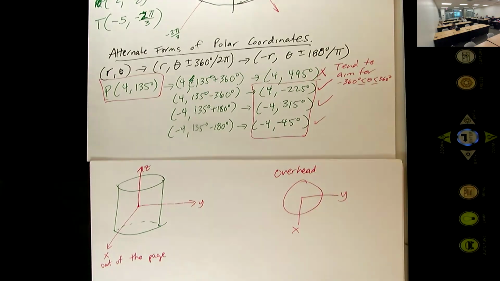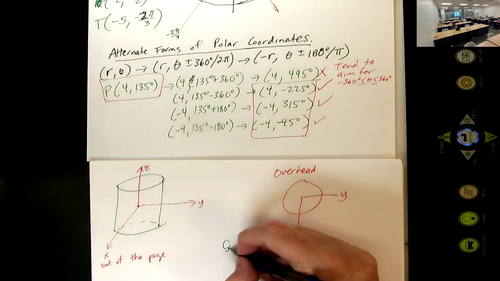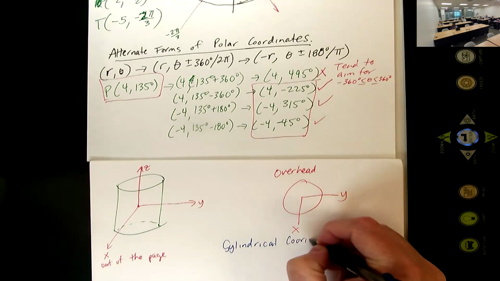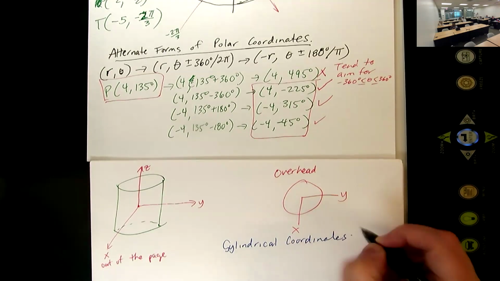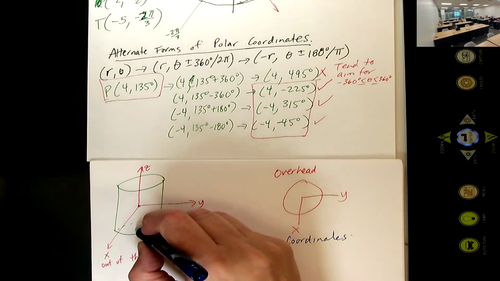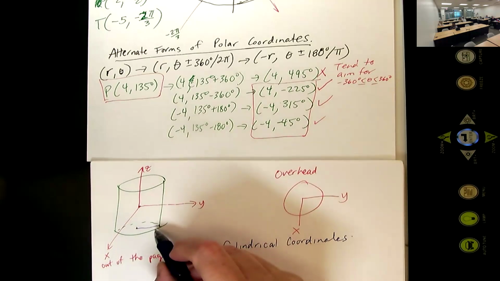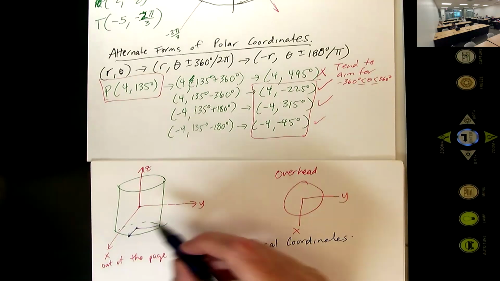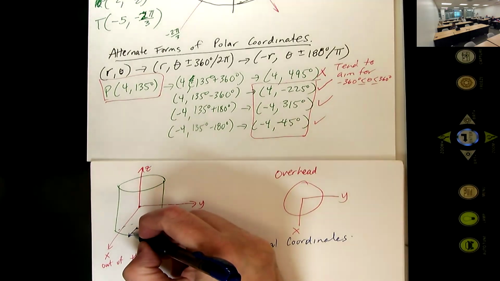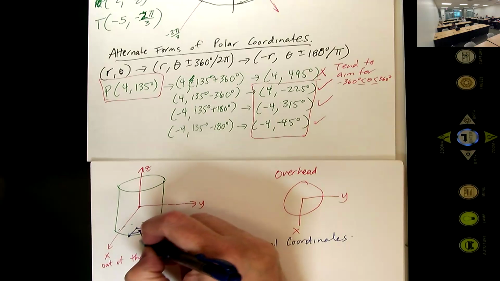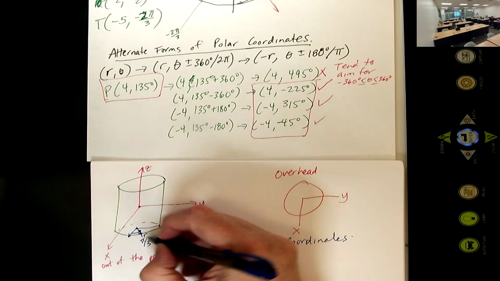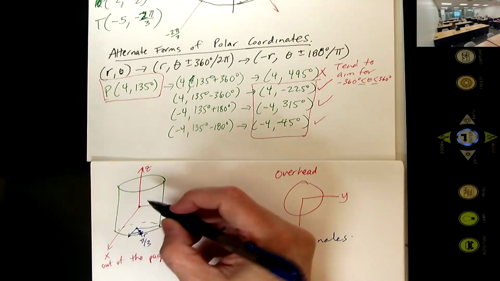So when you're doing cylindrical coordinates, you start here. It's easier to view down here. This is the X axis. You rotate an angle theta from it, so let's say we're going pi over 3. We go out a distance R, and then we go up a certain height.